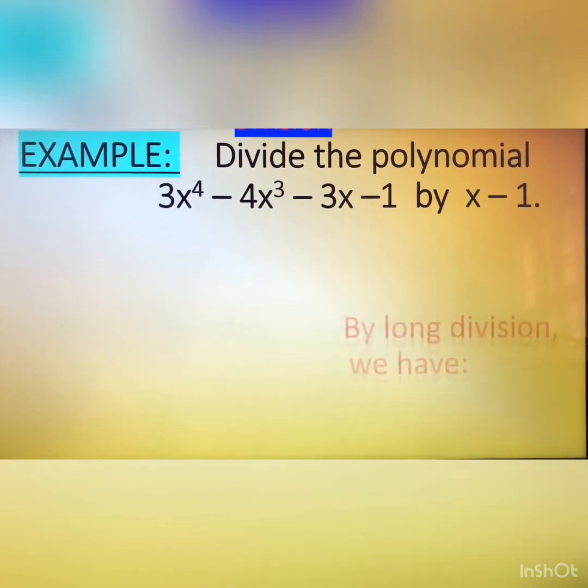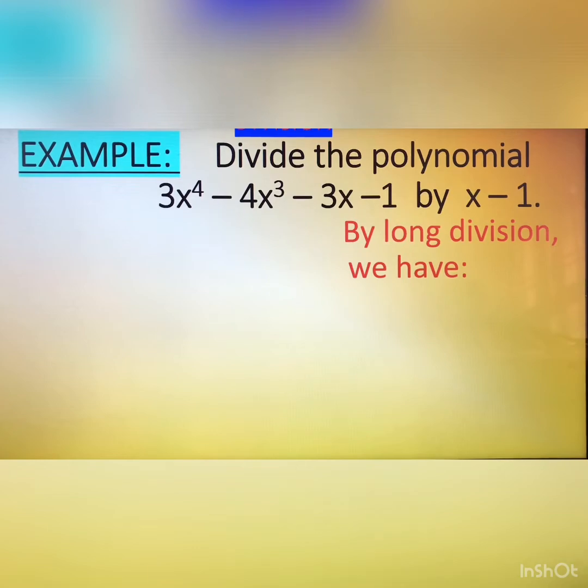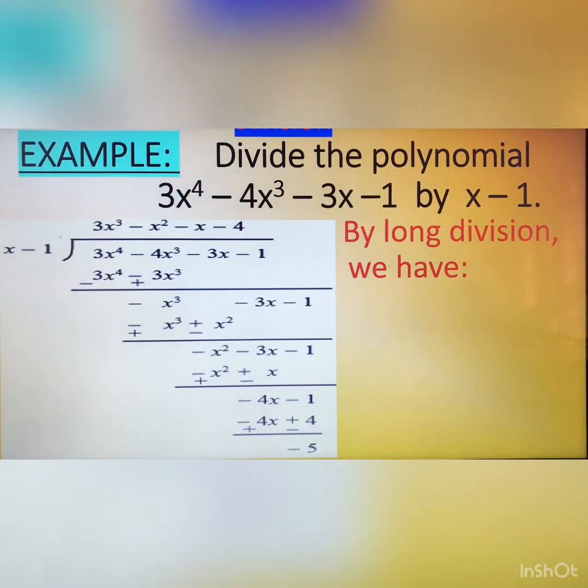This is the process of long division. So we have to divide 3x raised to the power 4 minus 4x cube minus 3x minus 1 by x minus 1. Here the necessary condition is to observe the first term and its coefficient.